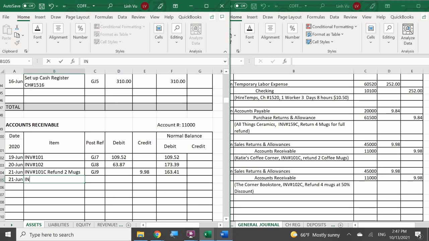Accounts receivable. Yep. Invoice 102C refund.